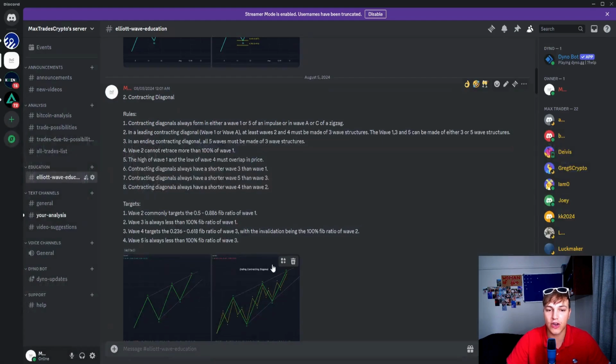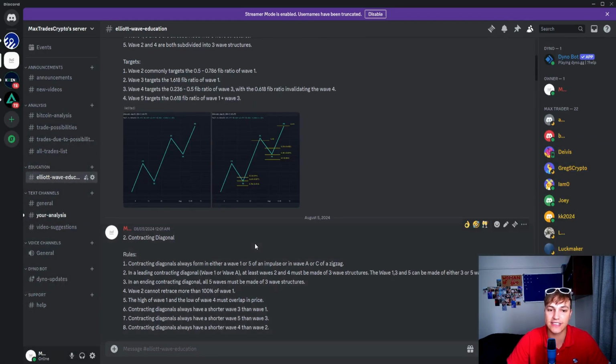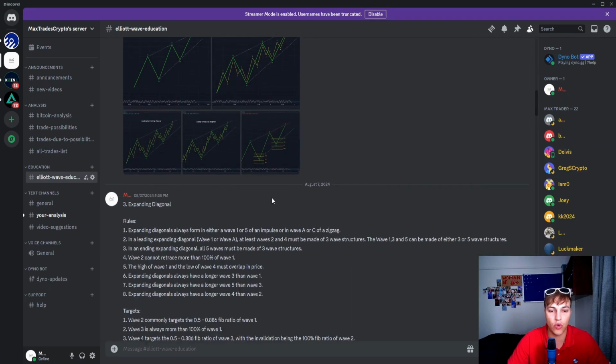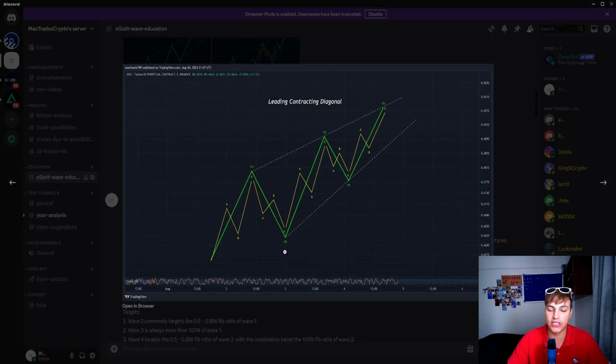Now if we go to our Elliott Wave education, a leading diagonal is something we talk about a lot here, is this move here. A 5-wave structure up where every move is a 3-wave structure and wave 1 and wave 4 overlap.